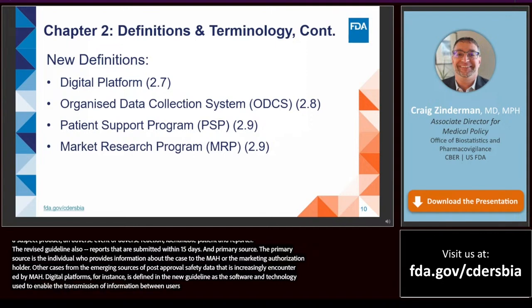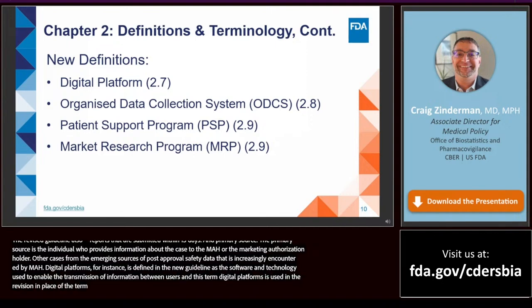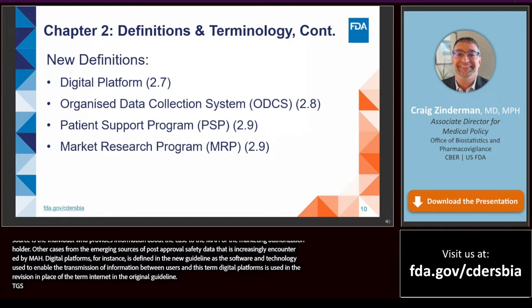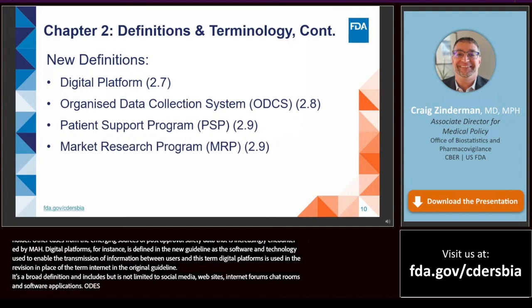This term, digital platforms, is used in the revision in place of the term internet in the original guideline. It's a broad definition, and it includes, but isn't limited to, social media, websites, internet forums, chat rooms, and software applications. ODCS is also defined, and this includes clinical trials, registries, and patient support programs, among other things.